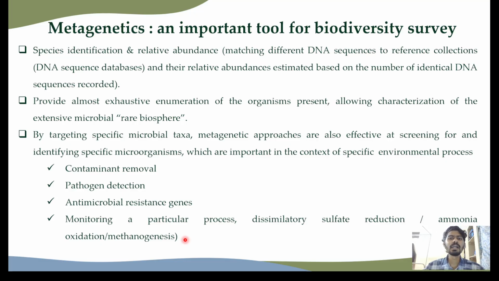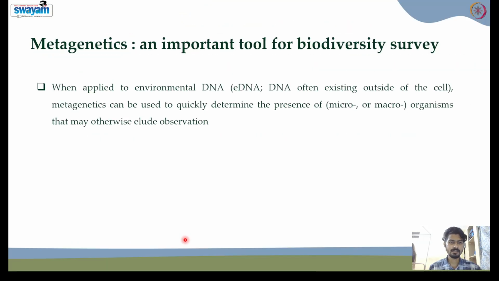Then you will collect the sample from the arsenic-contaminated site, analyze the DNA using the appropriate technology, and try to find the arsenic resistance gene. If the microorganism you are focusing on has the arsenic resistance gene, then you could use this microorganism for arsenic remediation. So this is where metagenetics comes into play, and it is very important for biodiversity analysis.